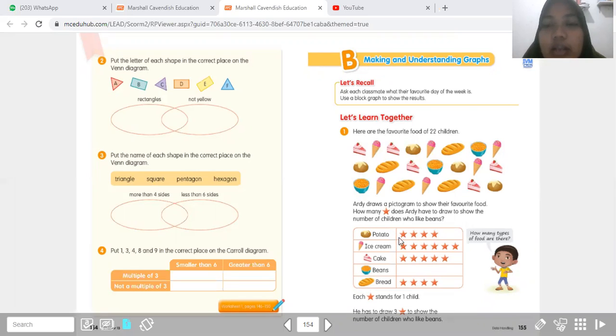So the pictograph is this one. You can see here, this is an example of pictograph. Why? Because we are using this symbol, this star, to represent each favorite food, right?